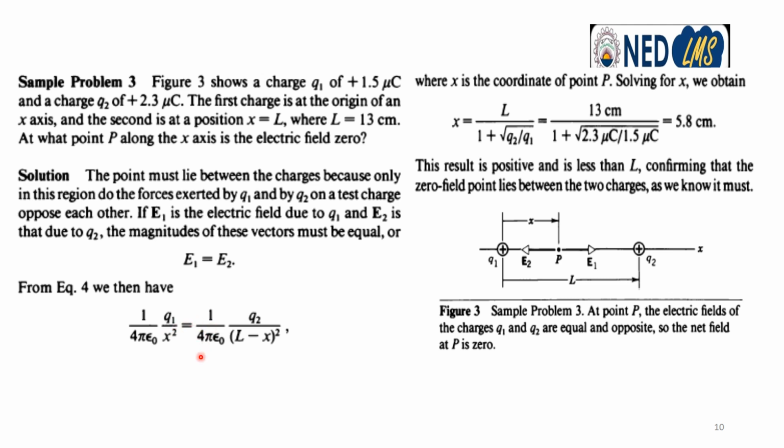So k, or 1 over 4 pi epsilon naught, will be cancelled. And if we solve for x, x will be equal to L over 1 plus square root of q2 over q1. If we place the values given in the numerical, in the end we get the result 5.8 centimeter.